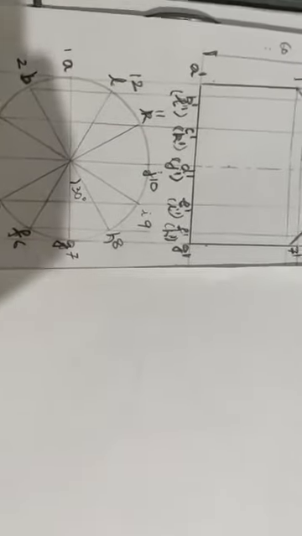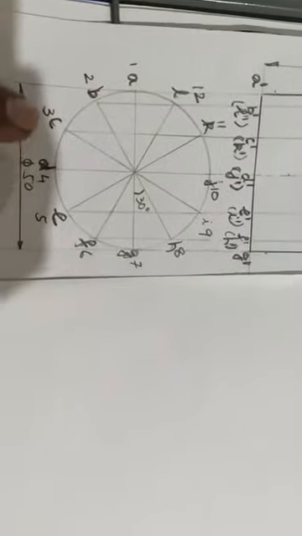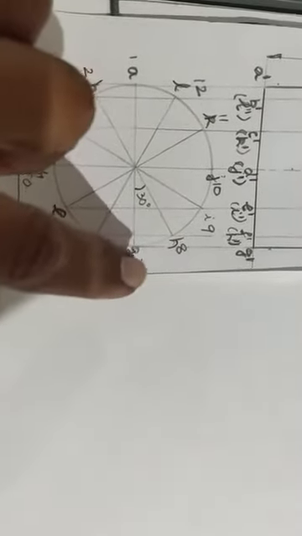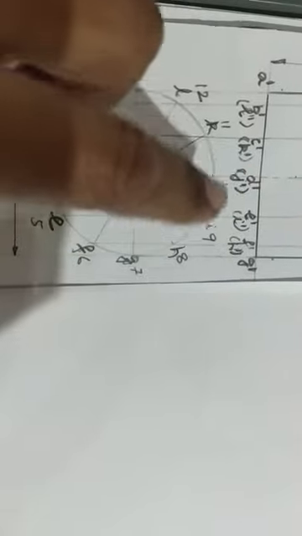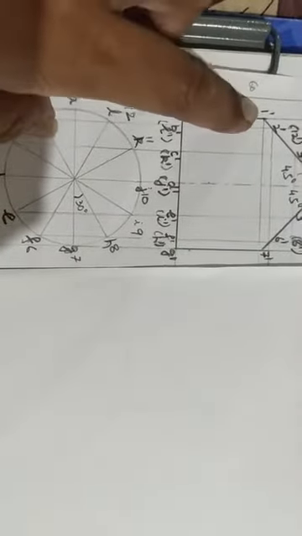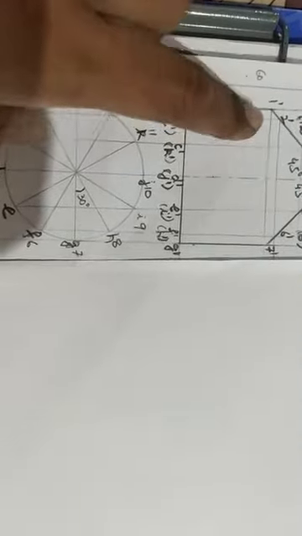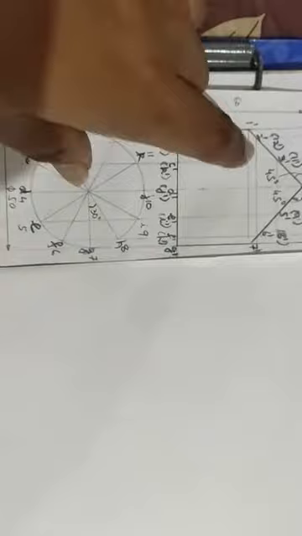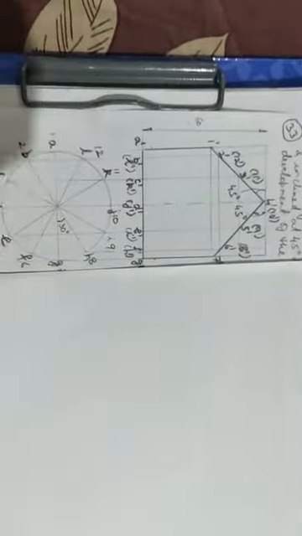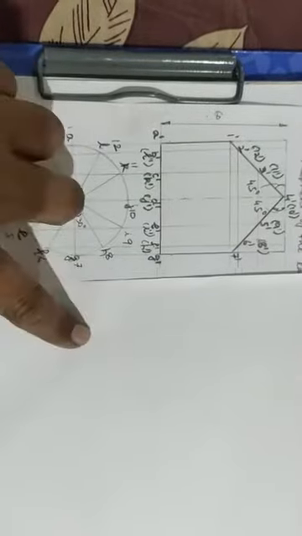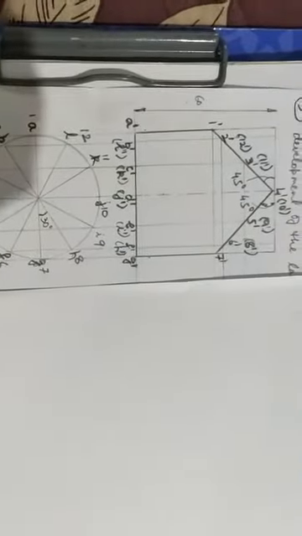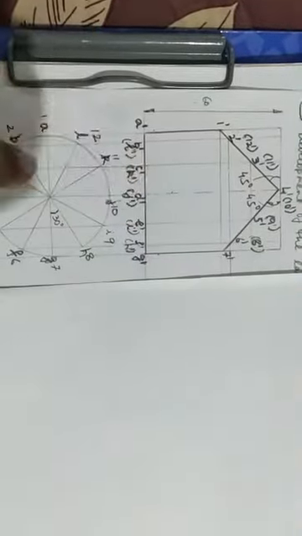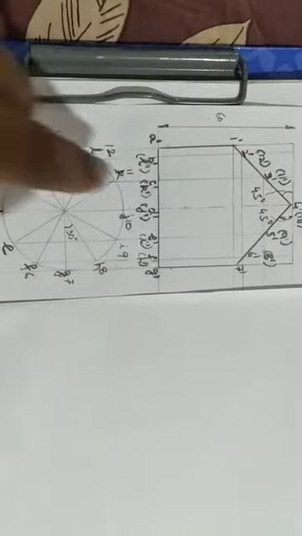The cut on A is 1, B is 2, C is 3, D is 4, E is 5, F is 6, G is 7, H is 8, I is 9, J is 10, K is 11, L is 12.